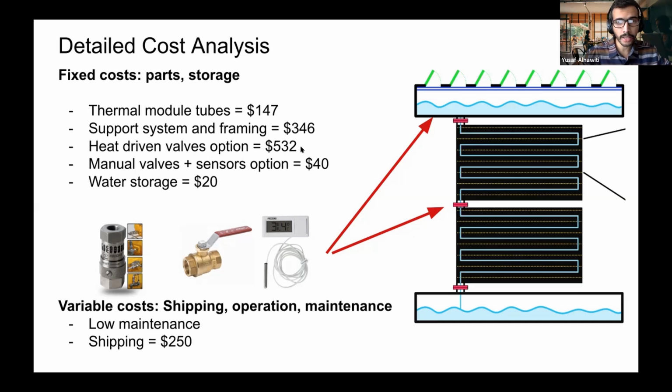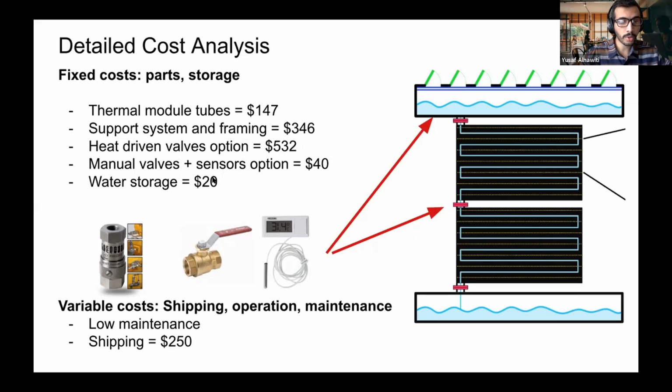And this adds automation to the system. And if you don't require any user interface, this is the option to go to. The other option would be to use manual valves and temperature sensors, if you want to reduce the price by $500 per unit.